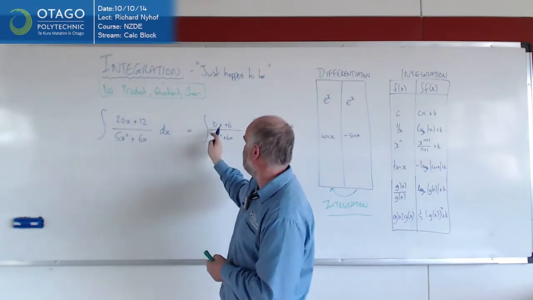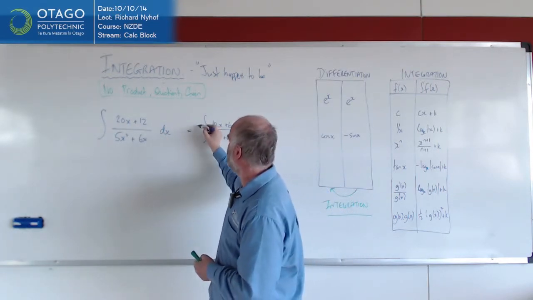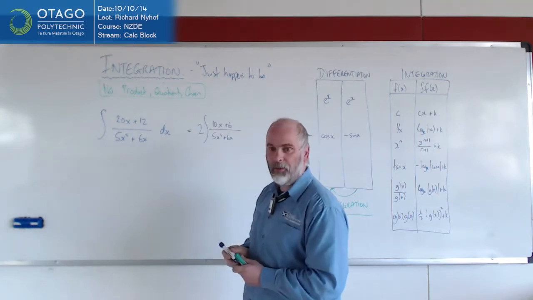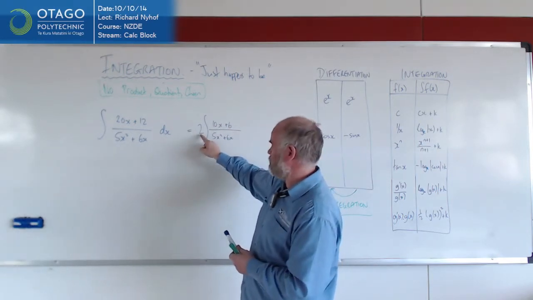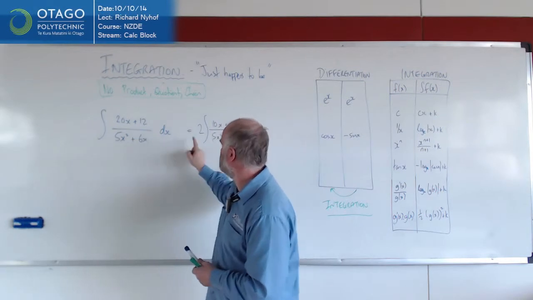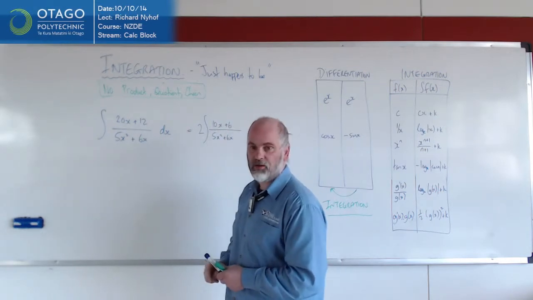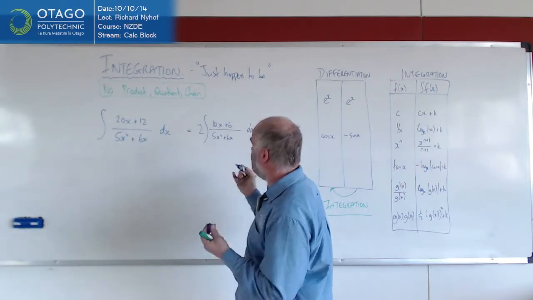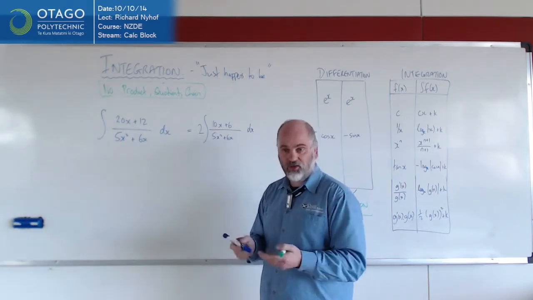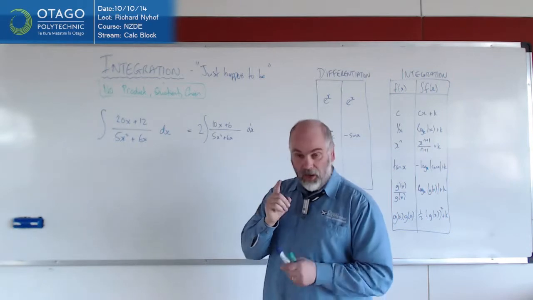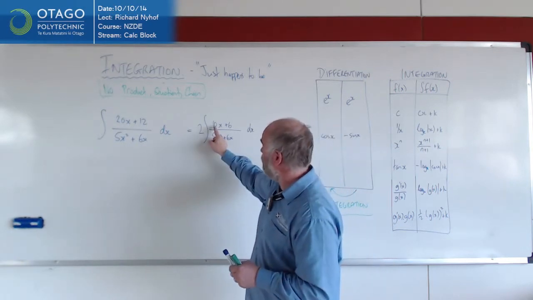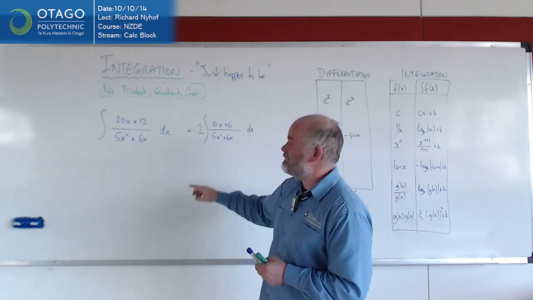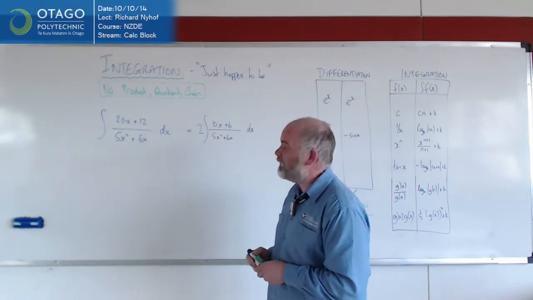I've halved the top line, but if I put a 2 out the front of the whole thing, then if I put this 2 back in, I'd get 20x plus 12. So I'd get the same. So these two things are still exactly the same. I haven't done anything naughty, I haven't changed anything, as long as, and you are allowed to, bring a constant out the front. As long as there's a multiplying thing, you can bring it out the front of the whole thing.